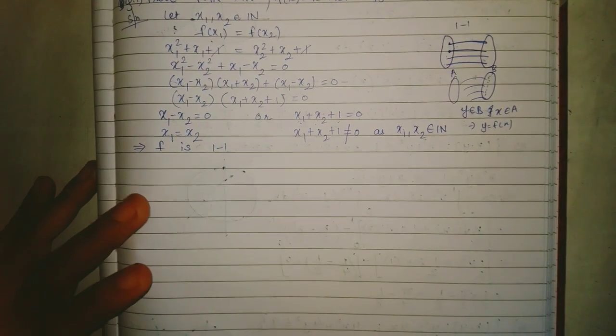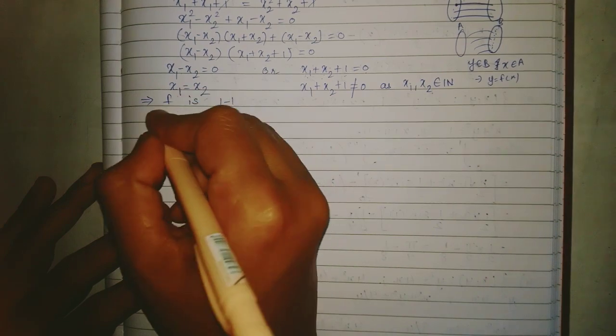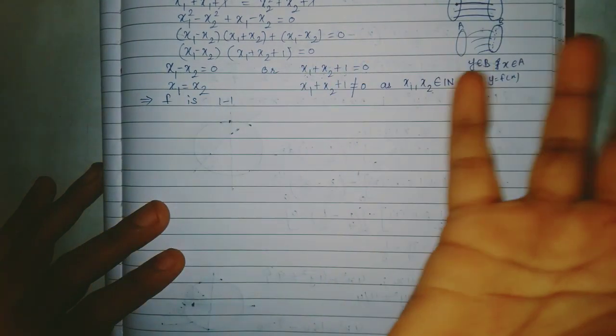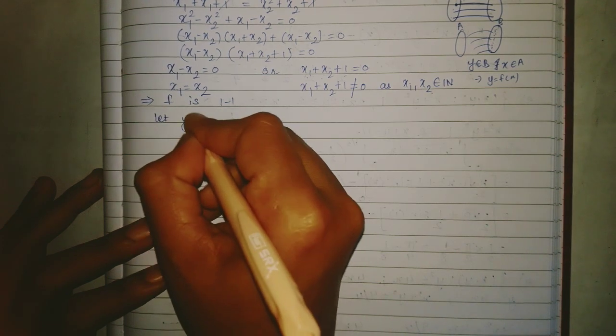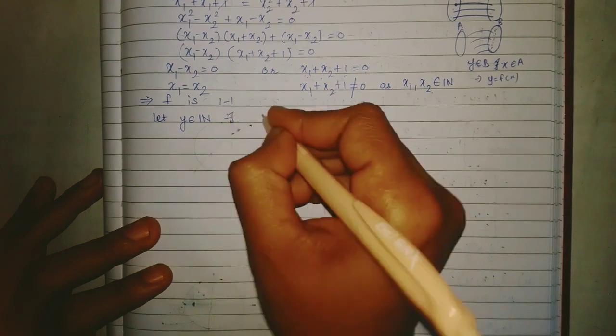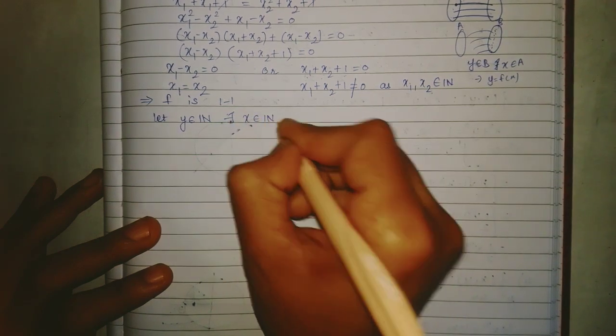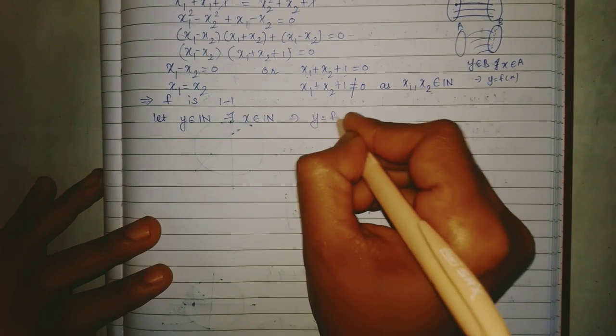Now let's prove f to be onto. Now for onto, we have to take some y. Let's say some y belonging to N we are taking such that there exists x belonging to N such that we have y equal to f of x.